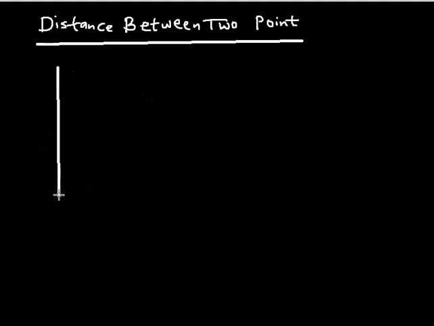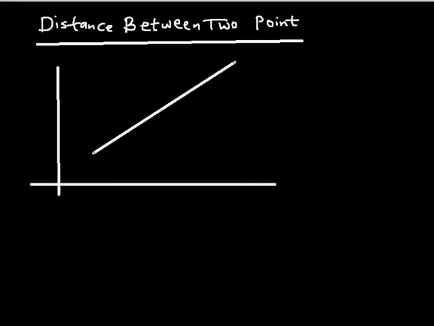Let's establish that in a diagram. Let's say I have 2 points, point P1 and point P2. Point P1 has coordinate (x1, y1), that is the initial point, and point P2 has coordinate (x2, y2).